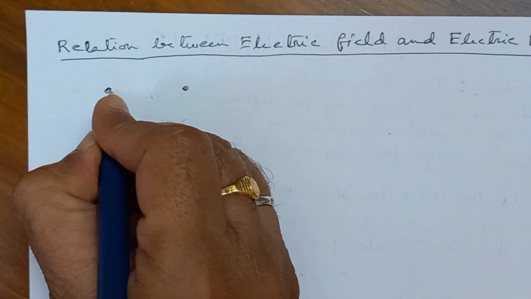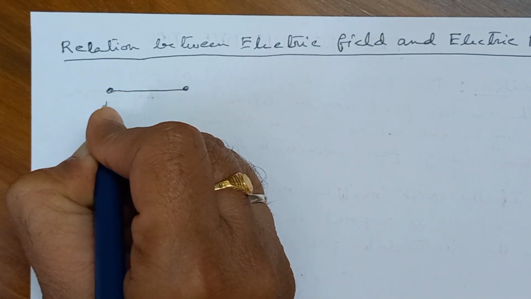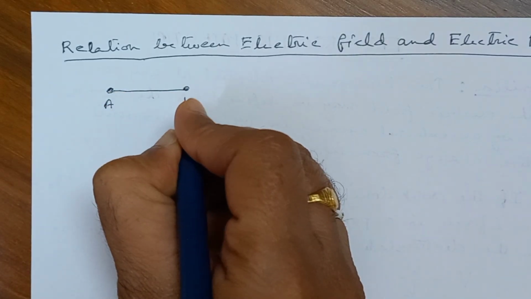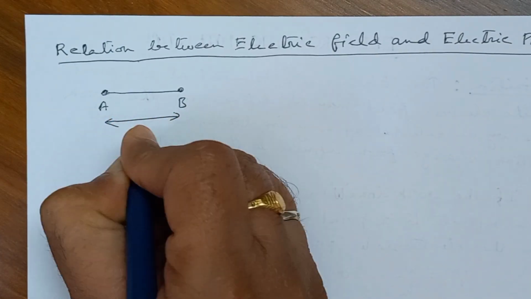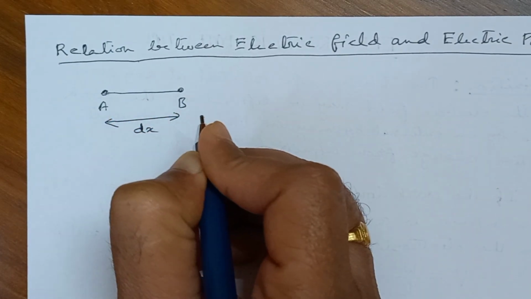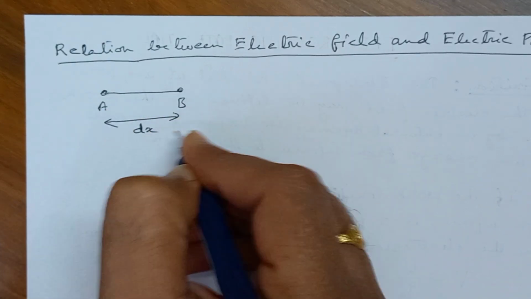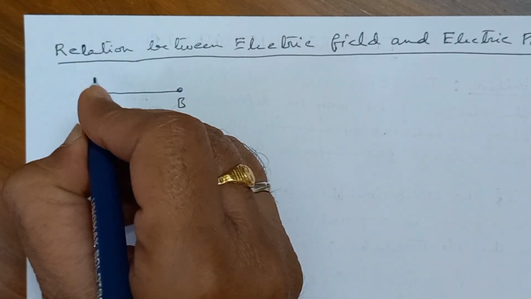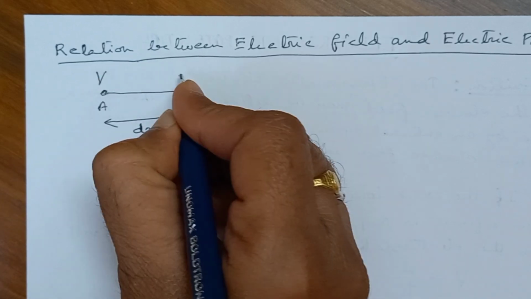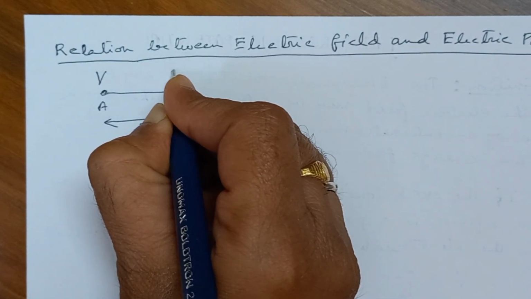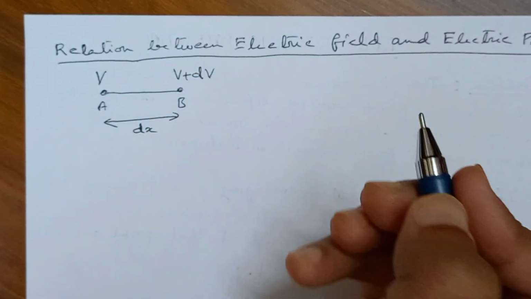Both are situated very close to each other. This is suppose point A and this is suppose point B, and the separation between them is just dx. Thus point A and point B are very close to each other. Suppose the potential of point A is V and the potential of point B is V plus dV.